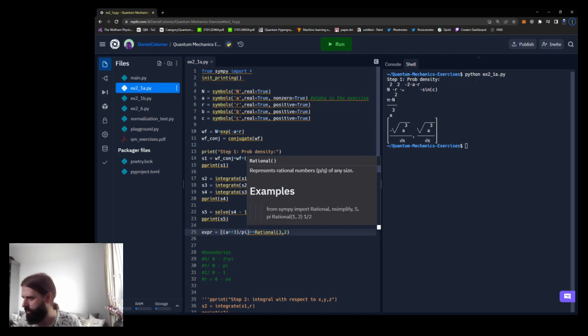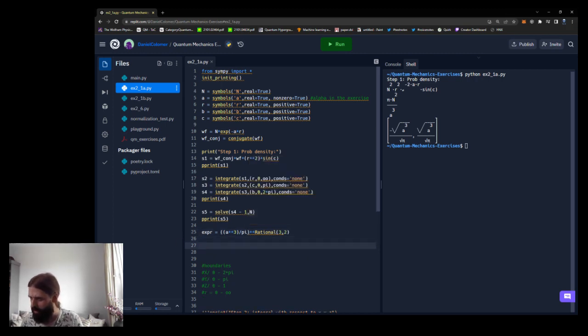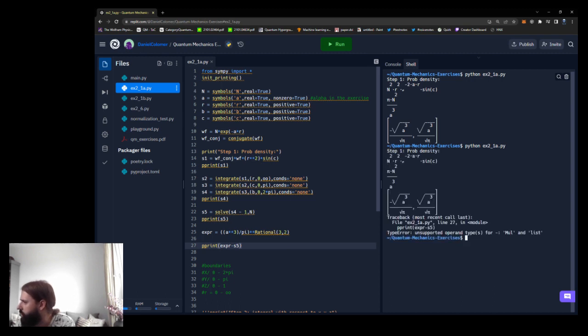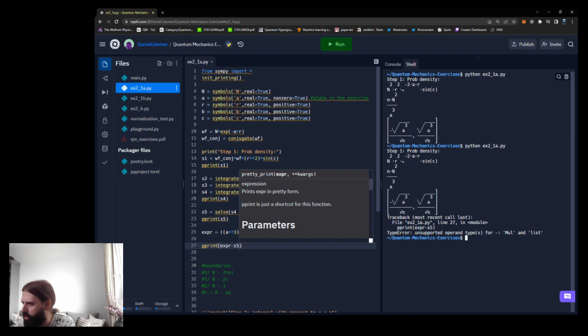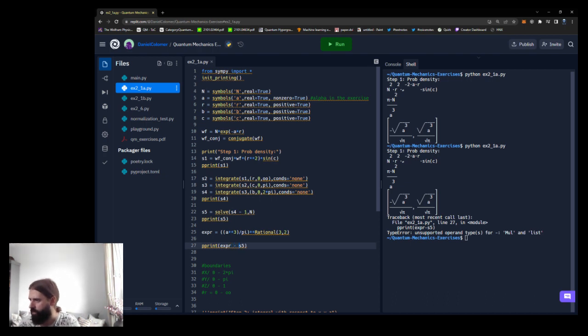Yes. And so what if I say print expression minus S5? Oh yeah, okay.